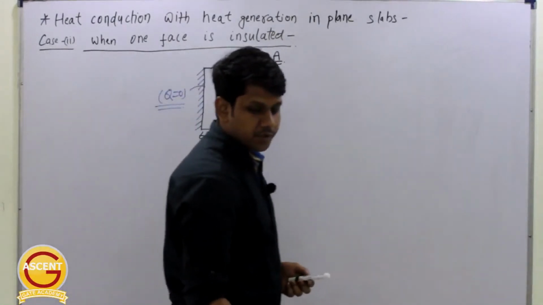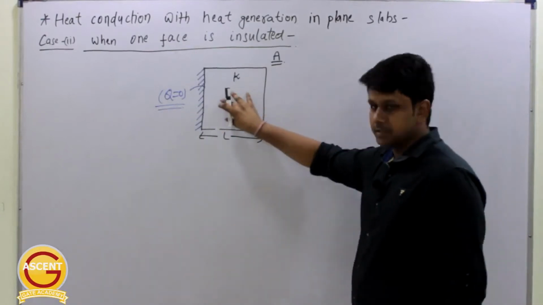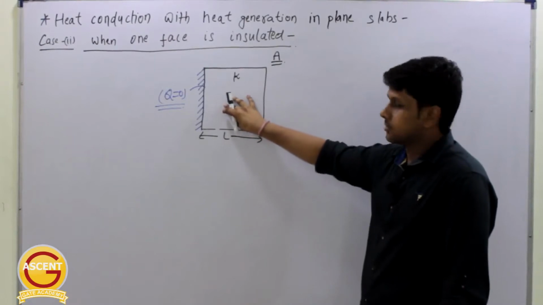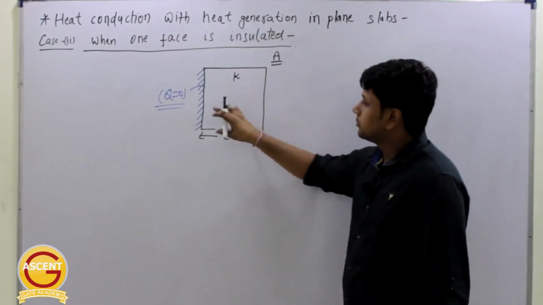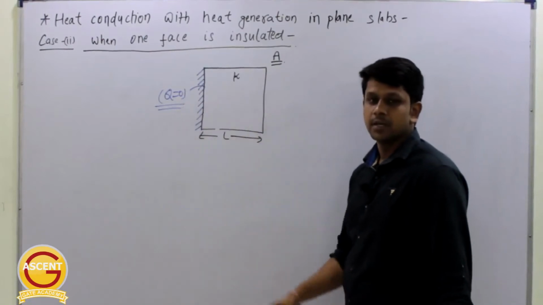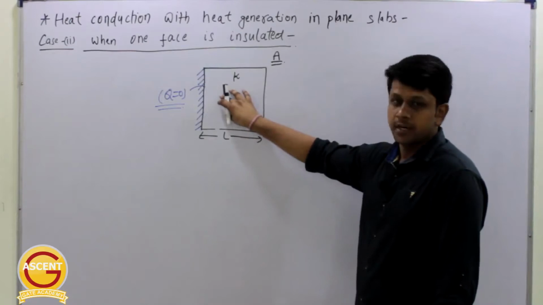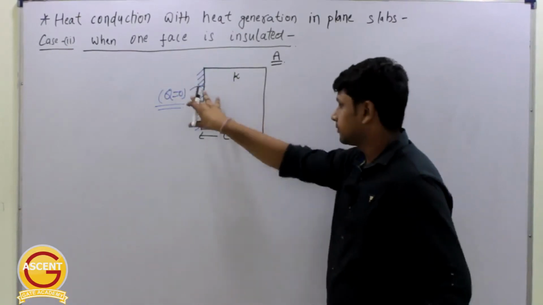So again, with our physical intuition we can tell, if some heat is getting generated in this plane slab, we are considering the heat transfer only in one direction, right? And that also one of the faces is insulated. So the heat that is getting generated cannot leave this plane slab from the left face.